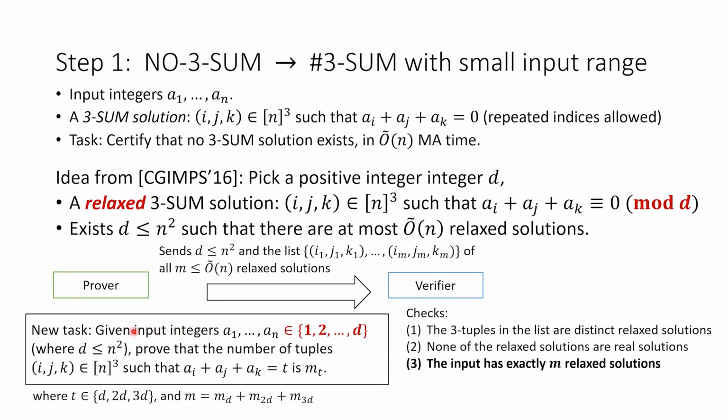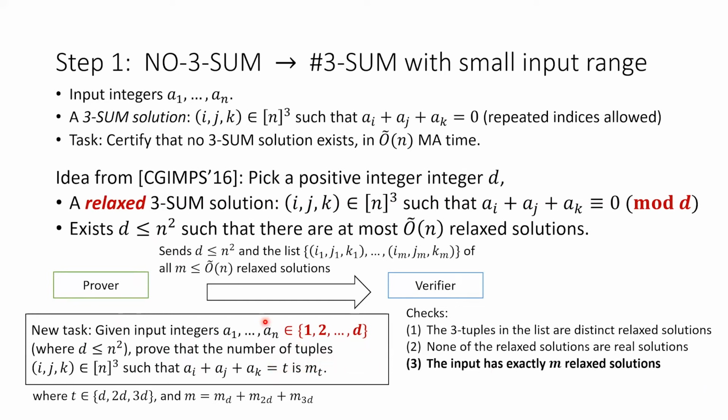So our new task is: we are given n input integers that are from 1 to d, where d is less than or equal to n squared. And we want to prove that the number of tuples that sum to t is exactly m sub t.